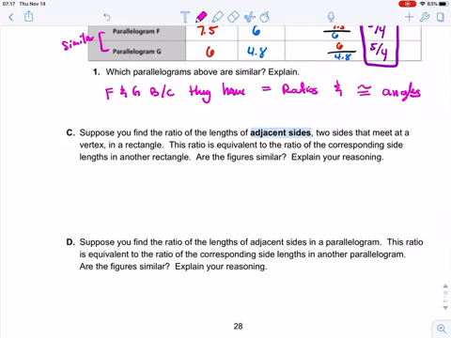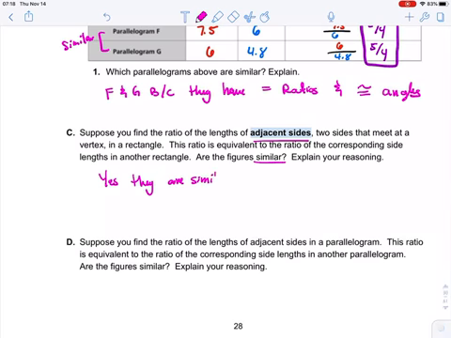Okay. So if we only find the ratio of adjacent sides, two sides that meet at a vertex of a rectangle, the ratio is equivalent to corresponding sides of another rectangle. Are they similar? Yes, they are similar.